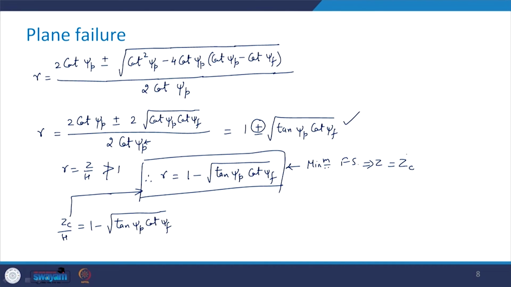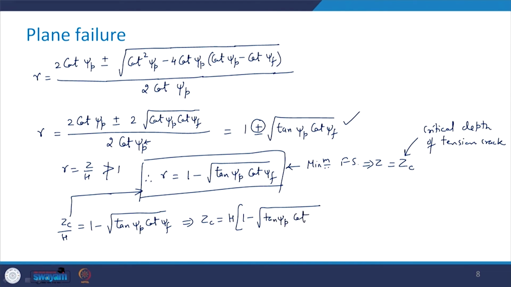where what is this zc? This is the critical depth of the tension crack, or from here this zc can be written as h times 1 minus square root of tan psi p cot psi f.